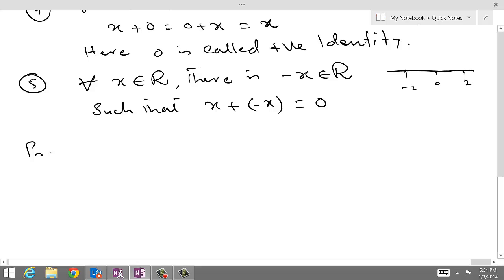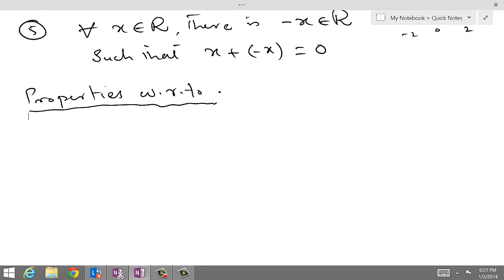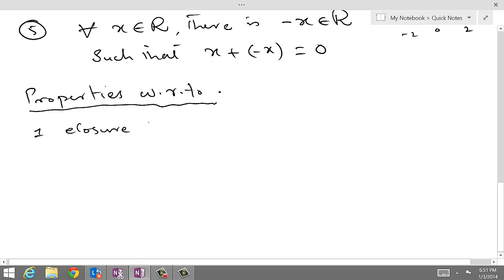Now properties with respect to multiplication. Multiplication is a binary operation which operates on 2 real numbers, and we are going to define the same properties. Closure law with respect to multiplication.